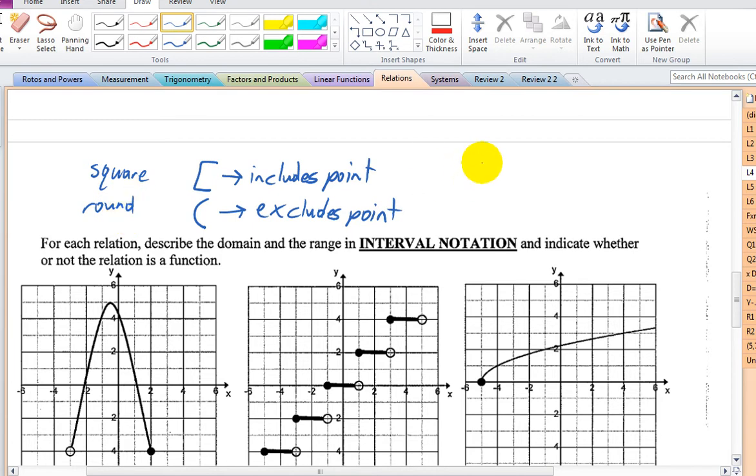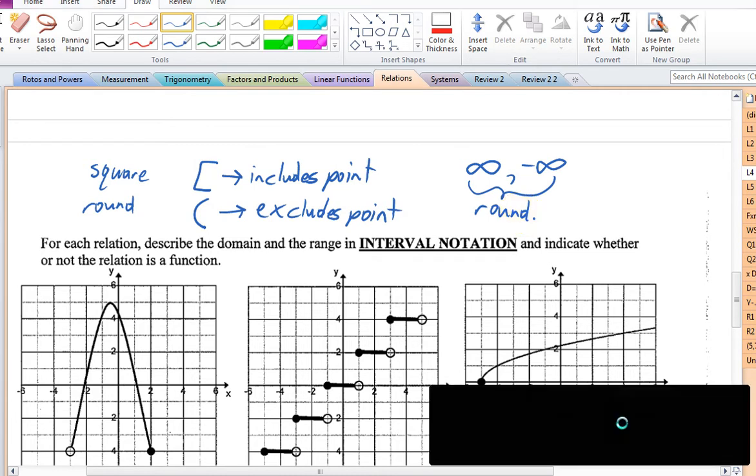Now, infinity and negative infinity, these two we can never actually reach them, so they always have to be round brackets. Okay, it's something that's a little bit weird for us. So this is something we got to memorize here. Make up some flashcards. You have to have it memorized.